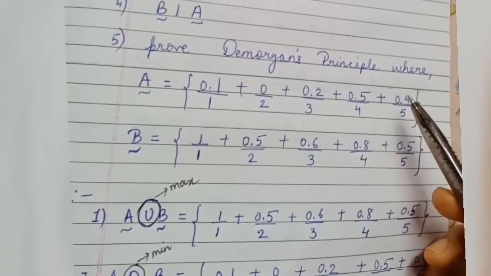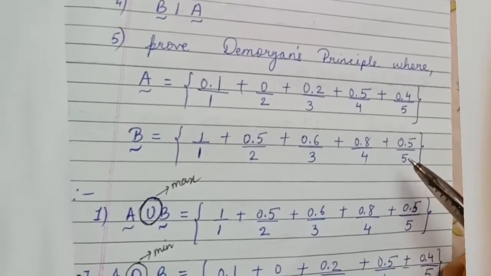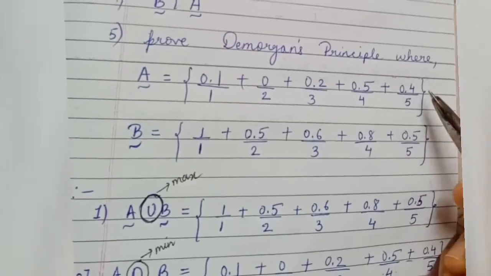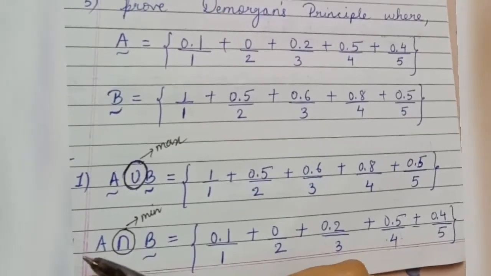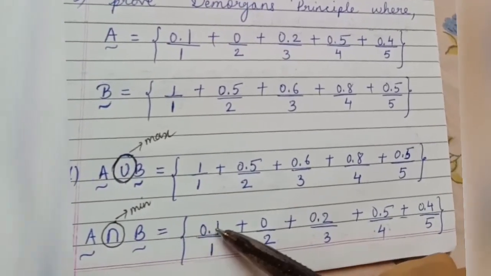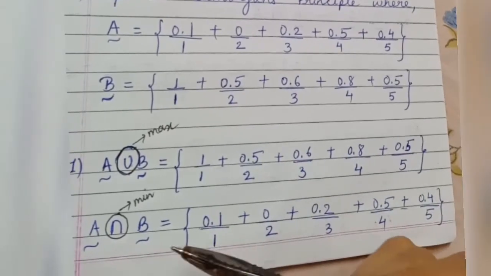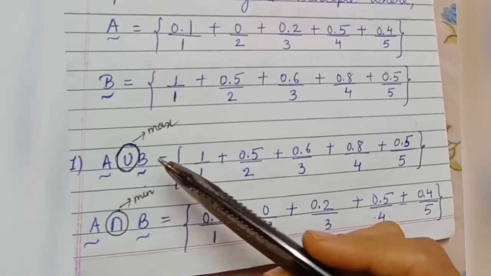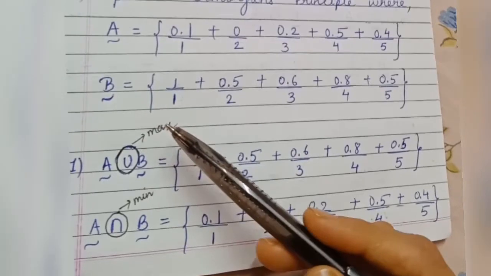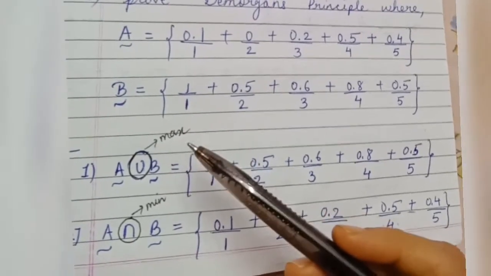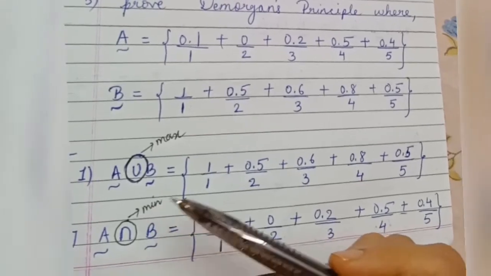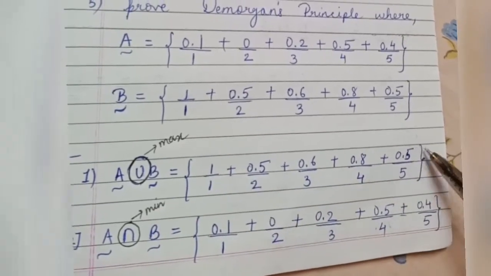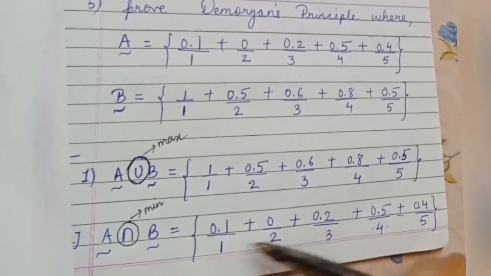Next 0.4 and 0.5. Select minimum, that is 0.4. 0.4 upon 5. So this is fuzzy set A intersection B. So in fuzzy set, to find A union B, use max, that is select the max element. For fuzzy set A intersection B, use minimum. So this is the first operation result and this is the second operation result.